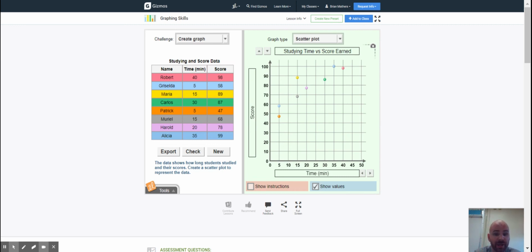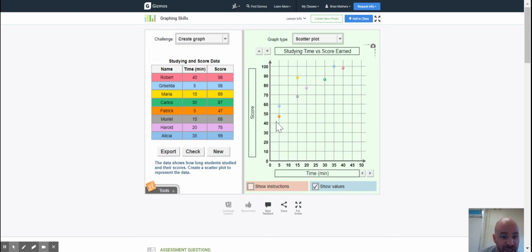Now, the cool thing about a scatter plot is you can see the relationship between time and score, between your independent and dependent variable, your x horizontal axis and your y vertical axis. So by looking at these, you can see there is a relationship between the amount of time spent studying and the score received.